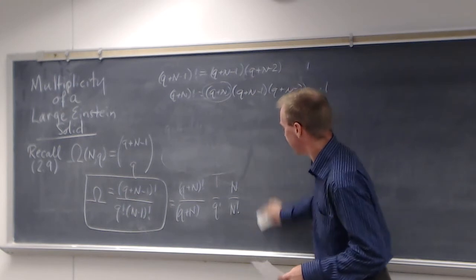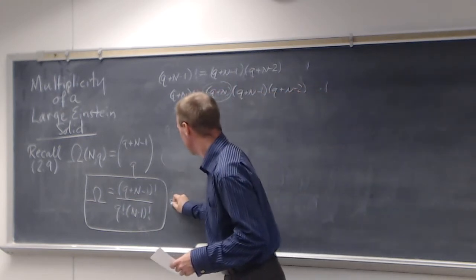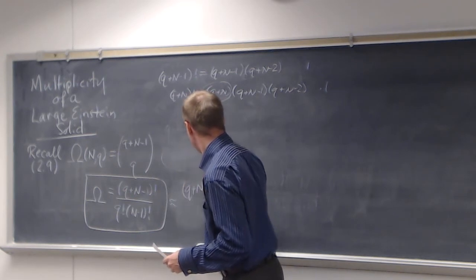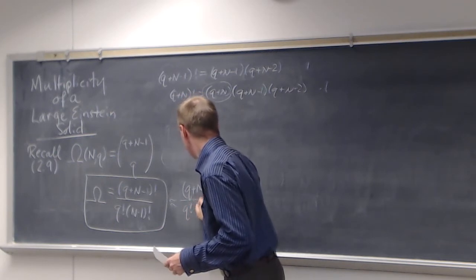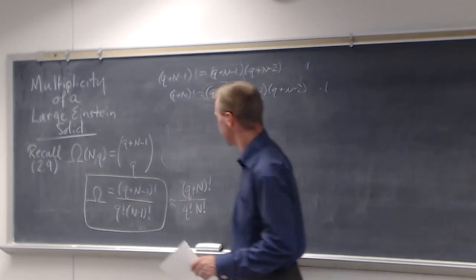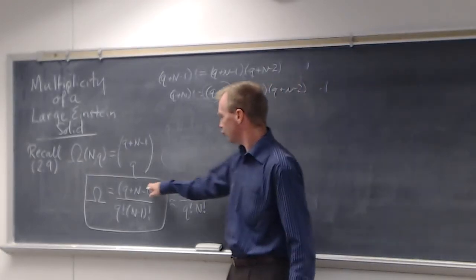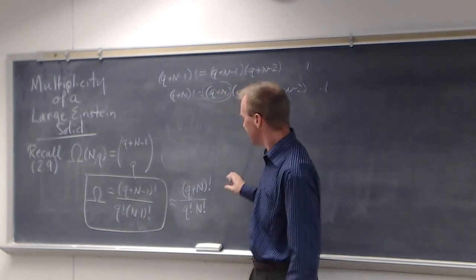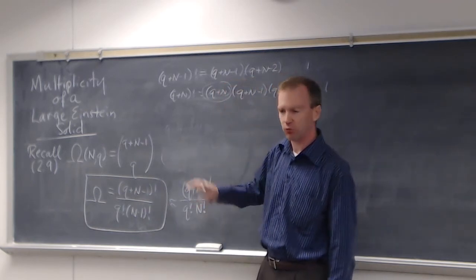Just to save myself space, I'm going to erase what I just derived and write it over here. The book makes it look like you simply dropped a difference of 1 in these factorials. But it's best to see why you're able to do that using rules we've already learned.